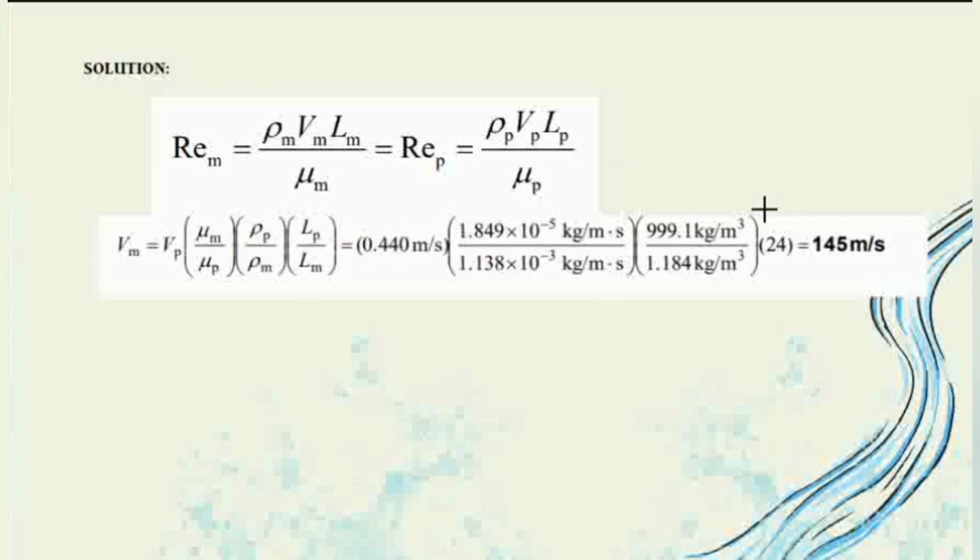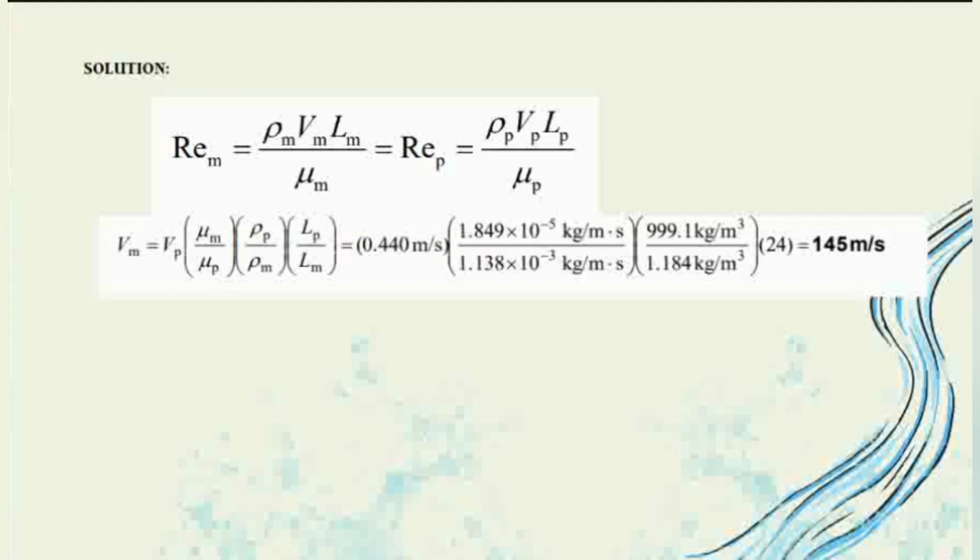Substituting all the values, we have 0.440 meter per second multiplied by 1.849 times 10 raised to negative 5 kilogram per meter times second divided by 1.138 times 10 raised to negative 3 kilogram per meter times second, multiplied by 999.1 kilogram per cubic meter divided by 1.184 kilogram per cubic meter, multiplied by 24.